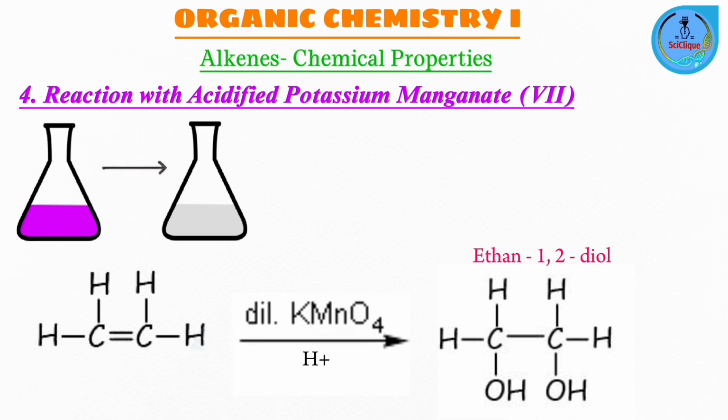The potassium manganate 7. So potassium manganate 7 is going to be reduced to manganese 2 ions and water. So the manganese 2 ions are colorless, and therefore that is the reason why potassium manganate 7 is decolorized by alkenes. So this, together with the use of bromine water, are 2 tests that are used to test for the presence of alkenes.